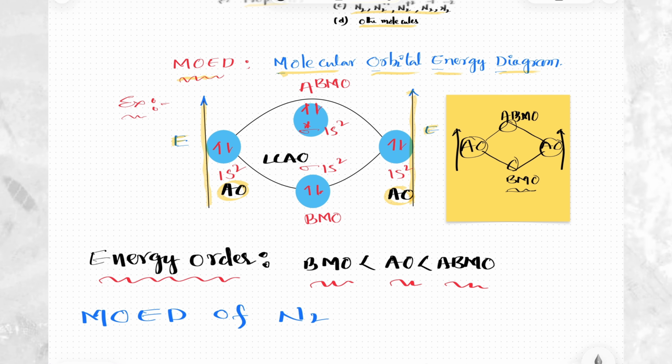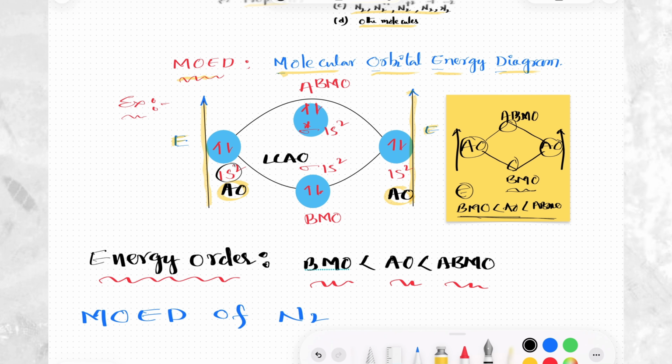In this energy diagram, the least energy is the bonding molecular orbital, followed by the atomic orbital, followed by the anti-bonding molecular orbital. This is the energy order of our atomic orbitals, bonding molecular orbitals and anti-bonding molecular orbitals. This diagram contains the 1s atomic orbital and also another 1s orbital.